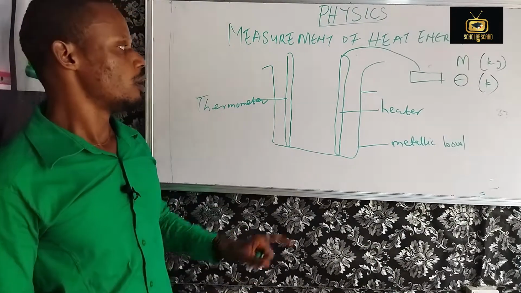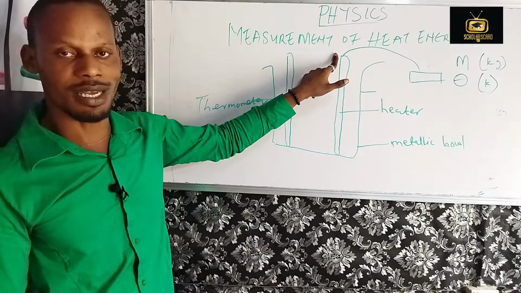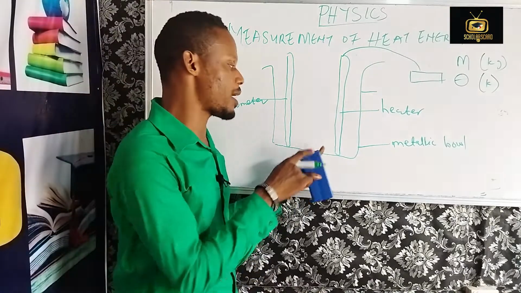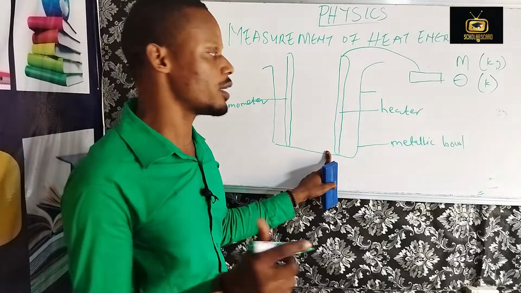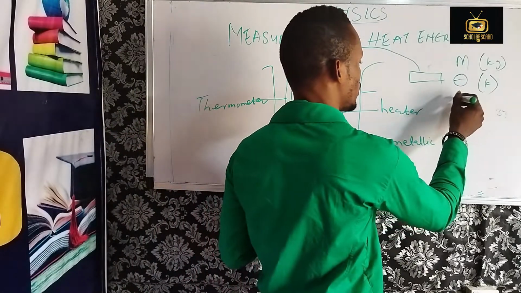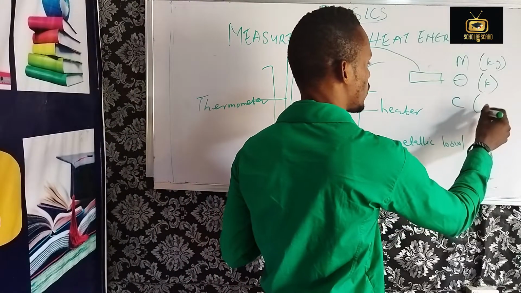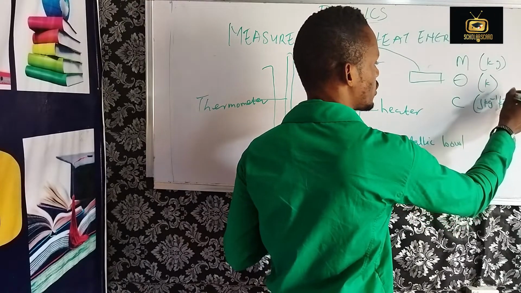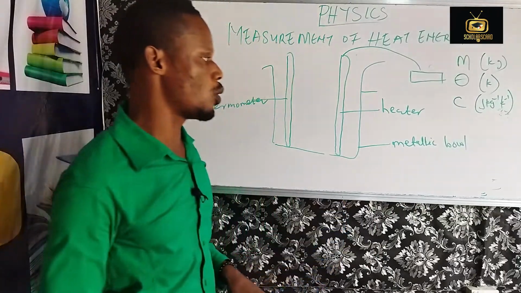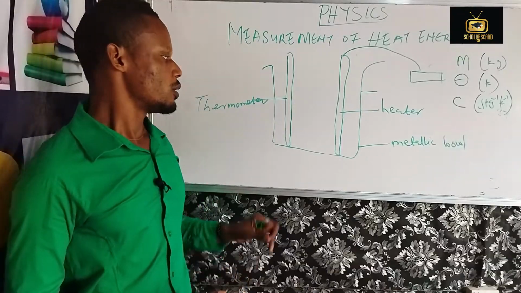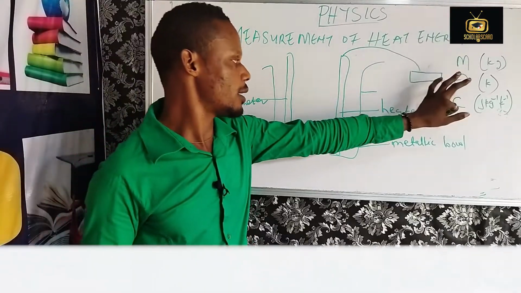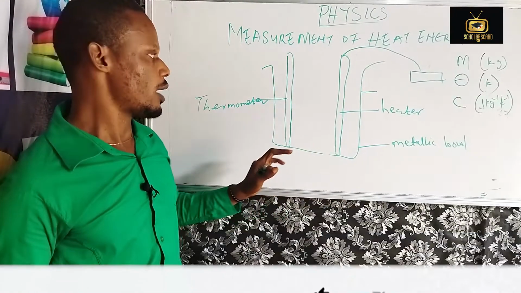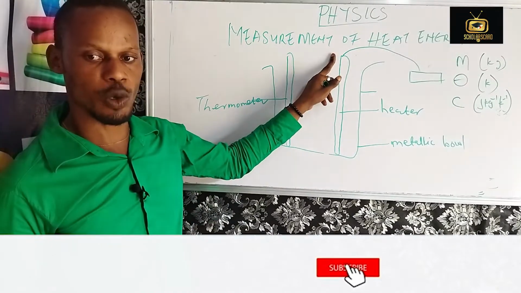Good. Now, there is electrical heat energy. Before then, you also know the specific heat capacity of the bowl, which is C, in joules per kilogram per Kelvin. Now, you see that there is electrical supply on this.